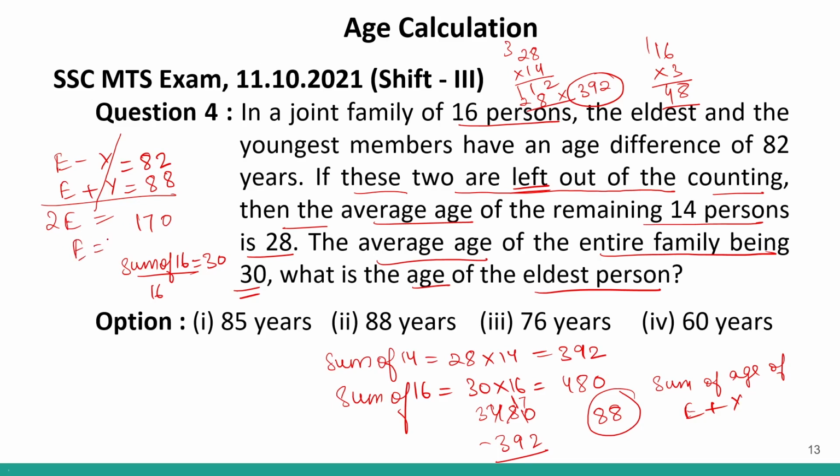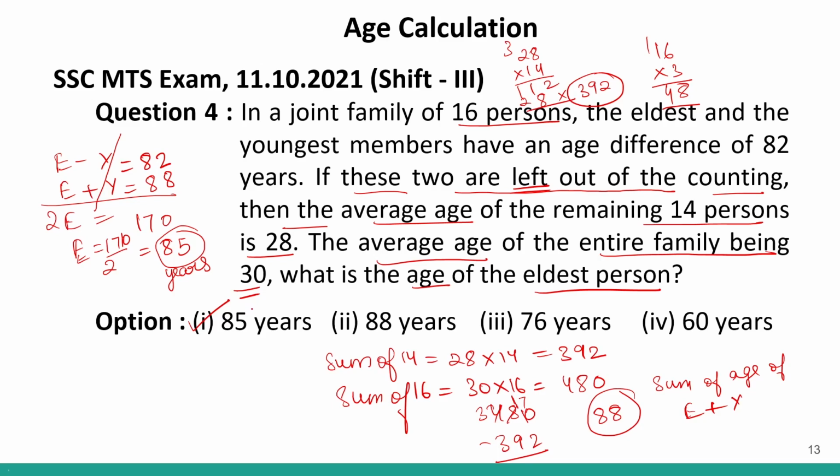So my eldest age will be 170 by 2. 170 by 2 is how much? 2 8s are 16, 1 will be carried, 2 5s are 10. So the age of the eldest member will be 85 years. This is given in option number 1. So option number 1 will be the correct answer to this question.